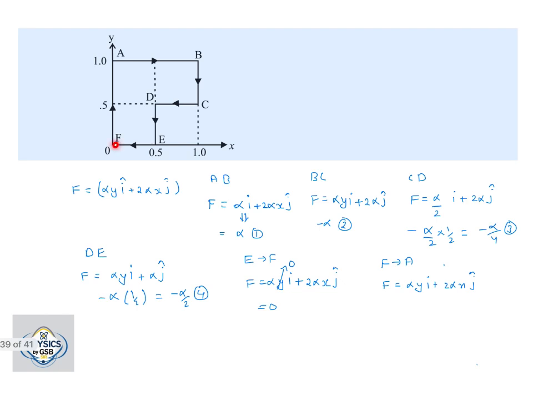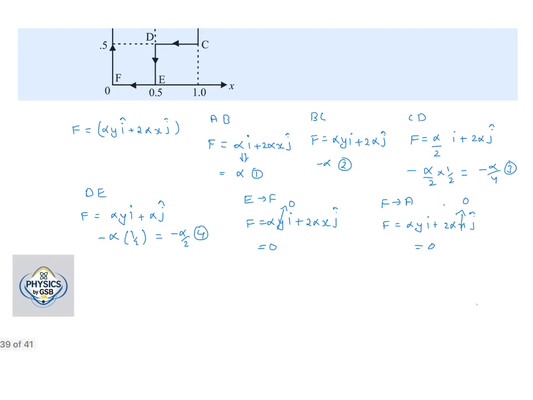Now we are moving along y axis. It implies value of x is 0. So x will be 0 here. And whatever force is left, it is acting in x direction and you are moving in y direction. So once again, work done in this case will be equal to 0.